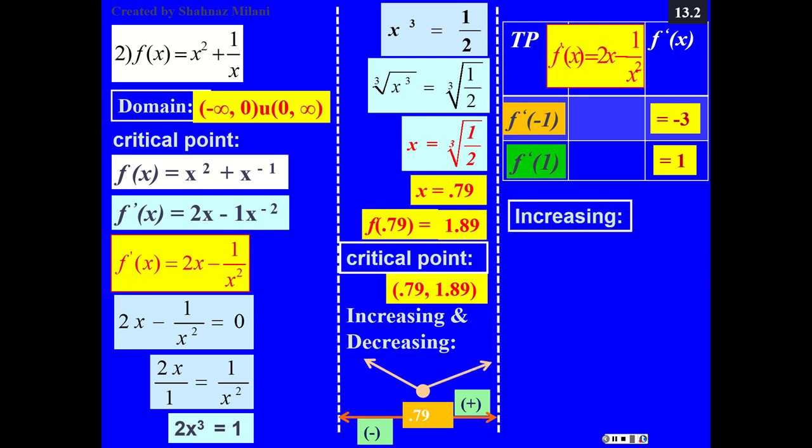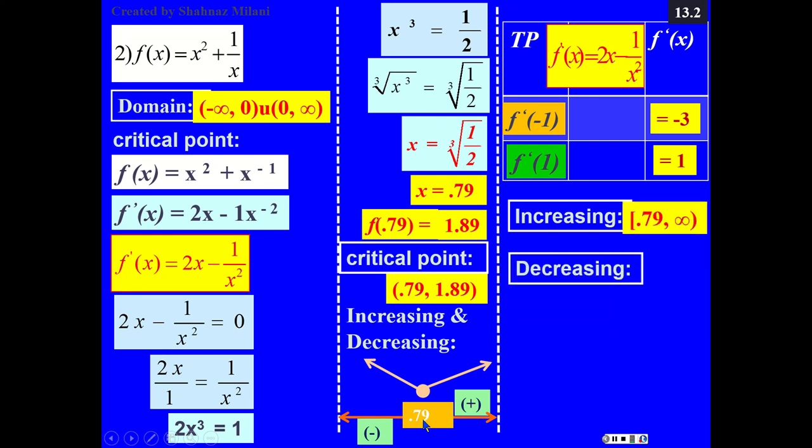Now, the increasing part is from 0.79 to positive infinity. Decreasing is the part of the graph which is going down, which is on the left side of 0.79.